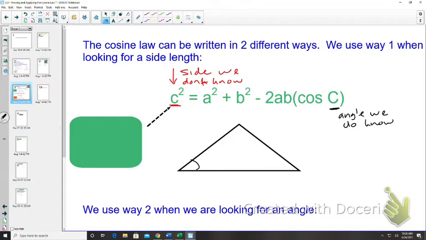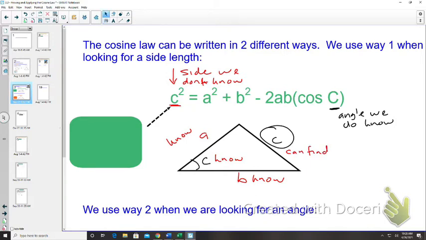So if this is C, if we know the value of C, we can find this length if we also know the values of A and B. So if we know A, and we know B, and we know C, we can find C.